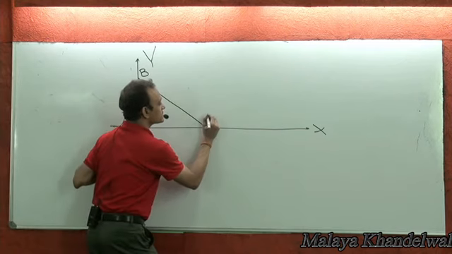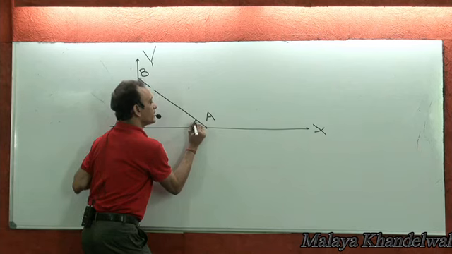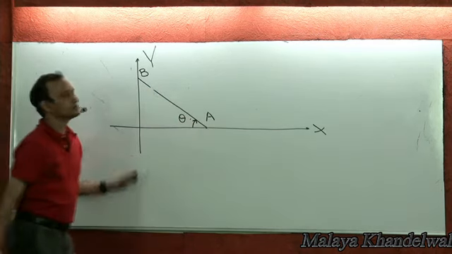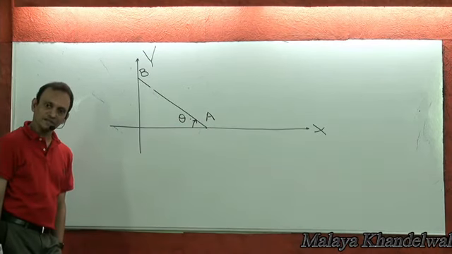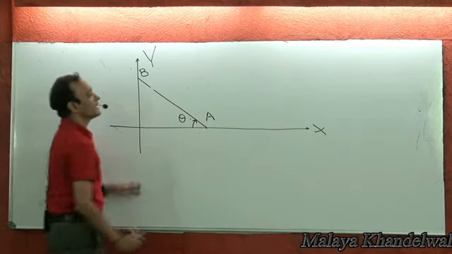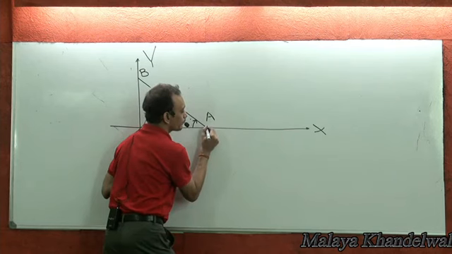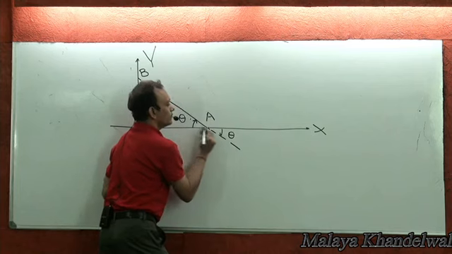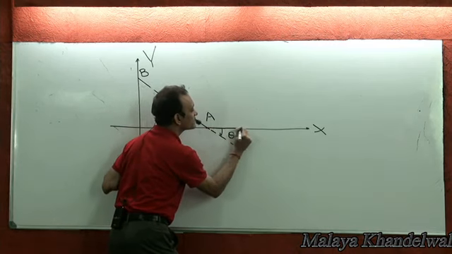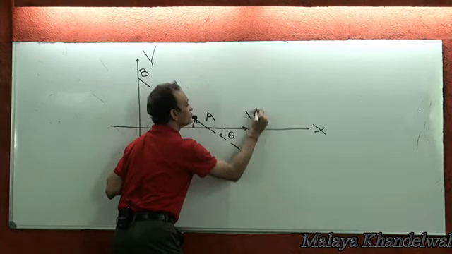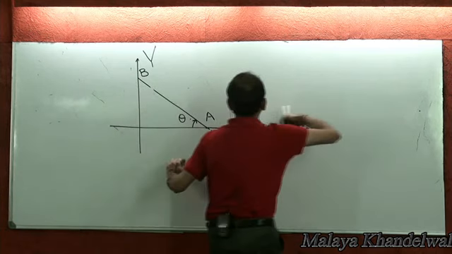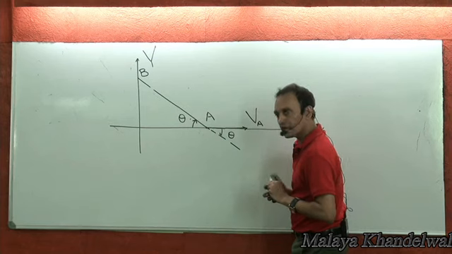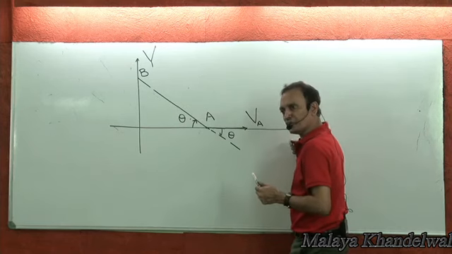At a certain instant, say, the ladder makes an angle theta with the horizontal. And say, this is also theta. A is given a velocity VA to the right. A is pulled rightwards with a velocity VA.